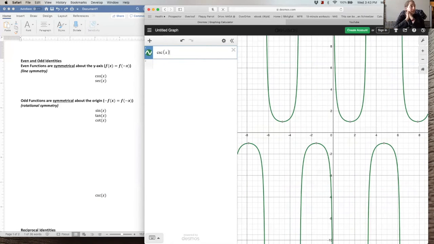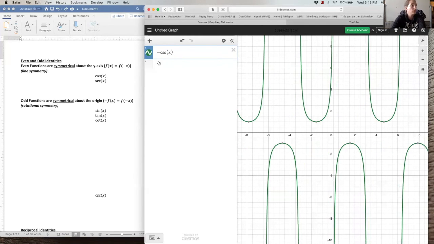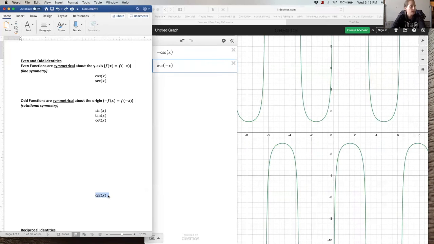Cosecant certainly does not have y-axis symmetry, so it's not going to be even. So let's take a look. Cosecant, it looks like if we spin it here, are we going to get the same thing? I think maybe. So let's check by checking negative cosecant. Does that equal cosecant of negative x? And yes, those two are equal. So this is also an odd function.